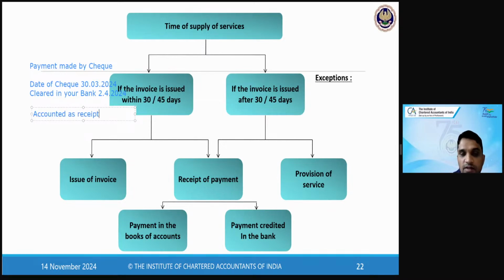Because the general accounting principle is once you have your check in the hand, you can account it as a receipt. So you account it as receipt on the 30th March itself, unless he has issued a check from outside the state and it has reached you late. That's a secondary case. But in this case, he has handed over the check to you on the 30th March itself, so you have accounted the receipt also on 30th March. So the receipt of payment will be payment in the books of accounts, which is 30th March, and the amount will get credited later on.